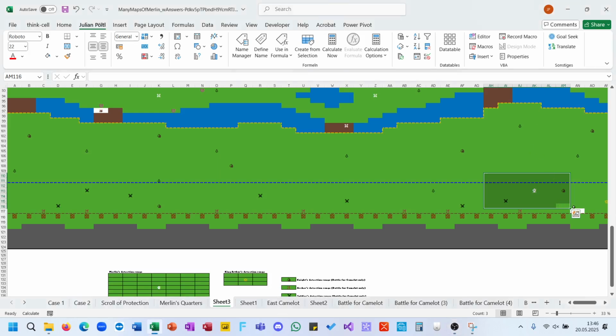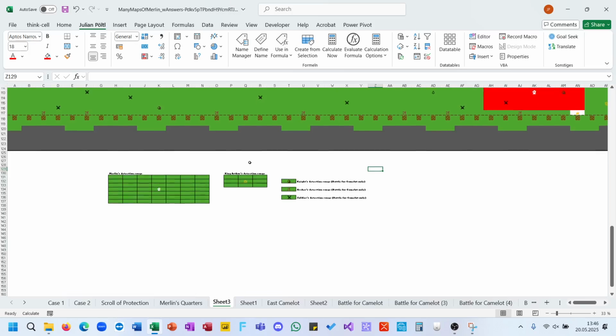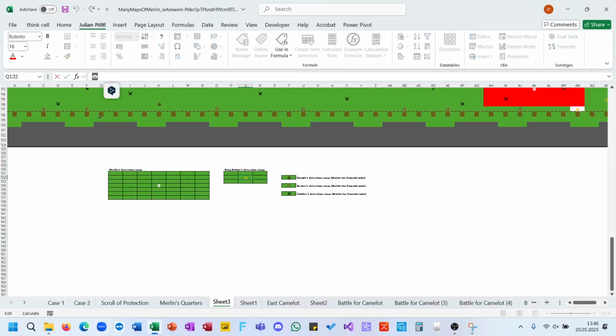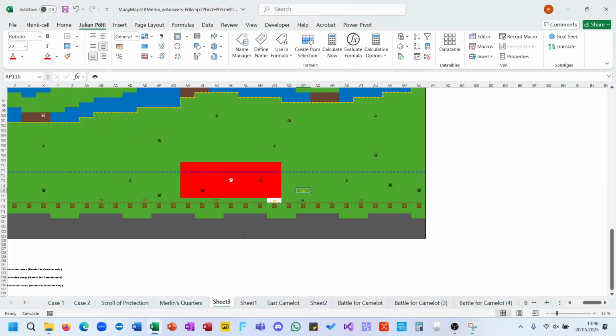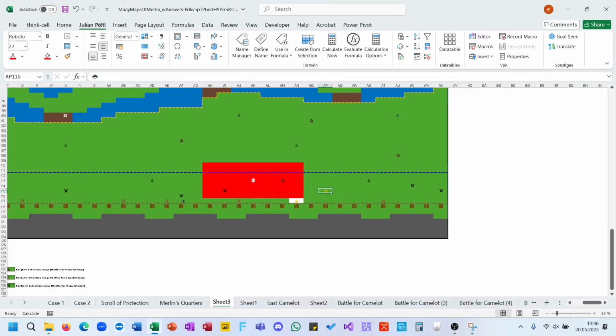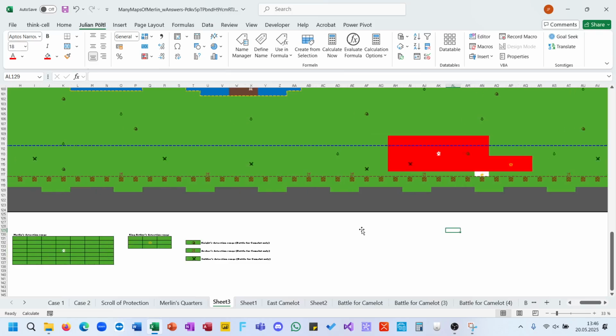Okay, he's there. 7-7. Okay, I need to avoid this one. And King Arthur is also there. So I need to walk here, because this is also blocked.